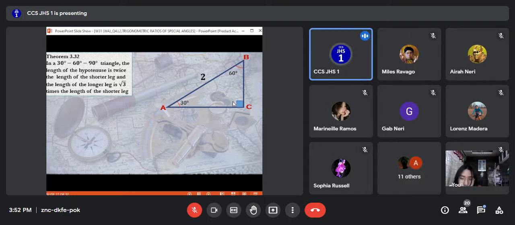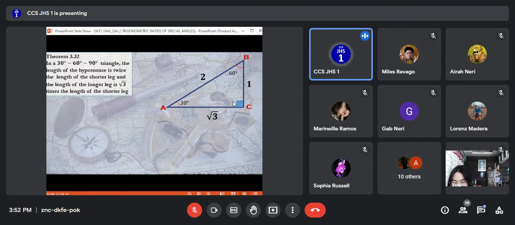1. Only 1/2 of the hypotenuse. Diba? If the hypotenuse is twice the shorter leg, so the shorter leg is only 1/2 of the hypotenuse. What is the length of the longer leg or the segment AC? Square root of 3. Okay, this is constant in all 30, 60, 90 triangles.